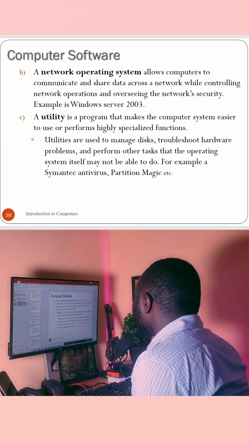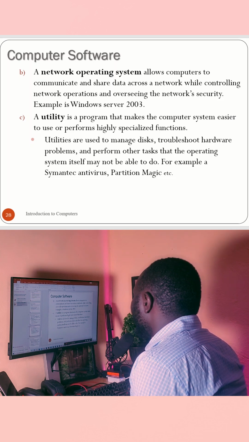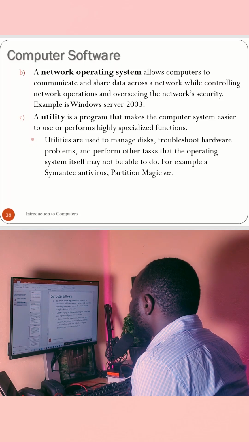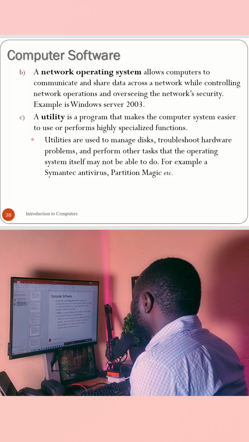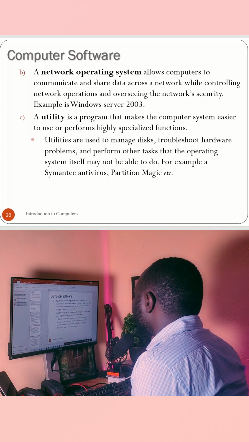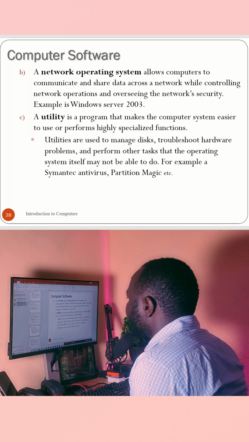Now in computing, we call it troubleshooting. Examples of utility programs: we have antivirus. Then we have Partition Magic, which is used for creating partitions in the storage. The antivirus is basically for protecting your computer against computer viruses.